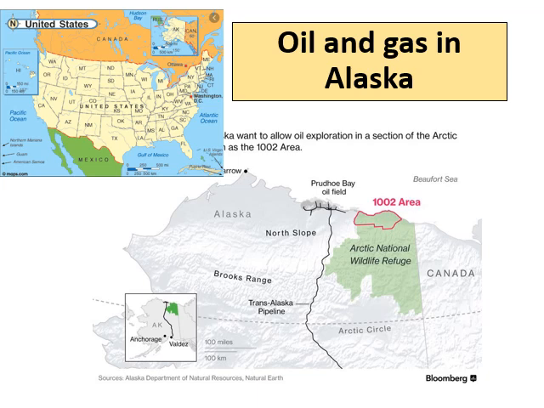And that's a refuge, that is a protected area because of its wildlife. But you can also see there up in the north, Prudhoe Bay oil field, and you might have heard of the Trans-Alaska pipeline, which brings the oil down from Alaska towards the port so that they can then bring that into mainland America.